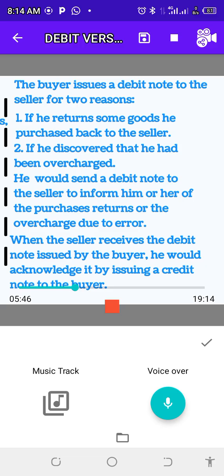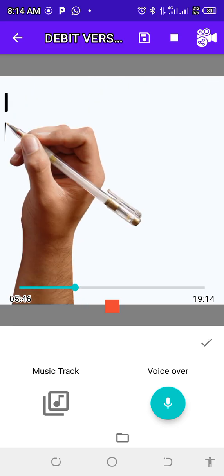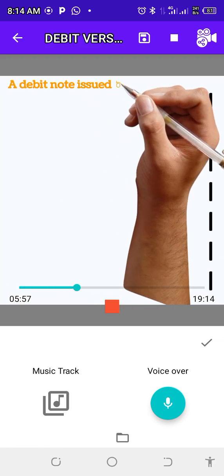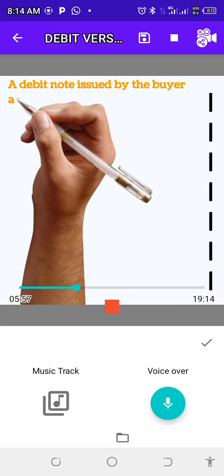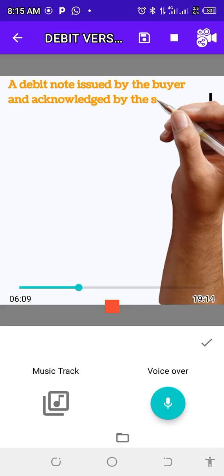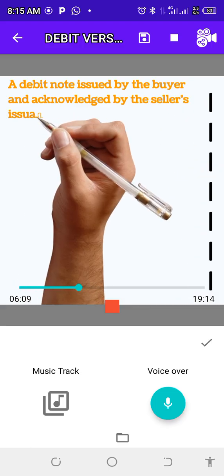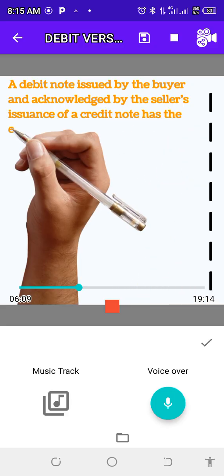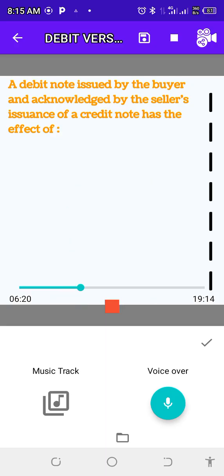A debit note issued by the buyer and acknowledged by the seller's issuance of a credit note has the effect of reducing the amount the buyer will pay to the seller.